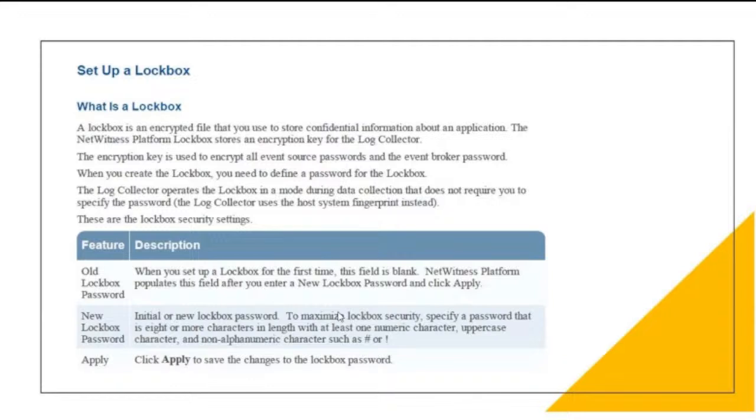Which one is correct? Both are correct, because even the source can forward the log to the collector, and the same thing gets forwarded to the next level, the decoder. But this lockbox encryption is available on the log collector. Encryption is done on the log collector only, right? Yeah, that's right.